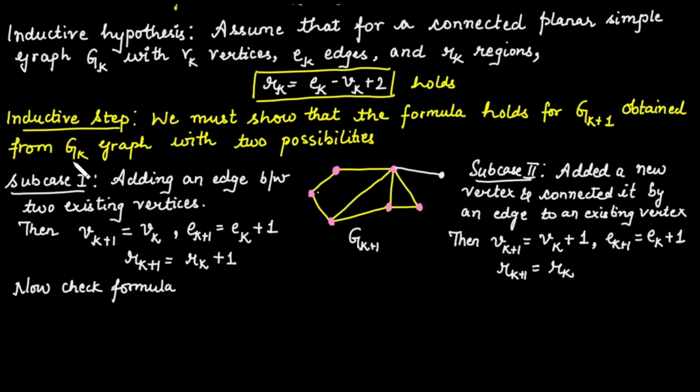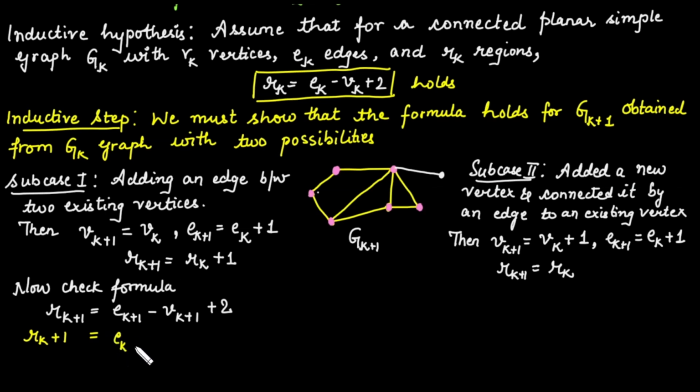So as per the new graph, the condition we have, number of regions in a new graph is equal to the number of edges in a new graph minus number of vertices in a new graph plus 2. Plug in the values in this case. What we have, regions are increased by 1. So we can write this as RK plus 1.